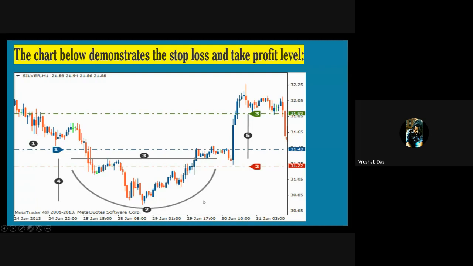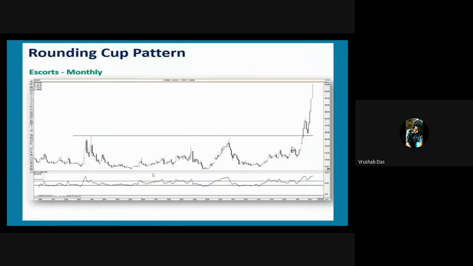I have said that the greater the height, the distance of the cup, the more it shows a reversal pattern. Chances of reversal will increase if the height of the pattern is more.